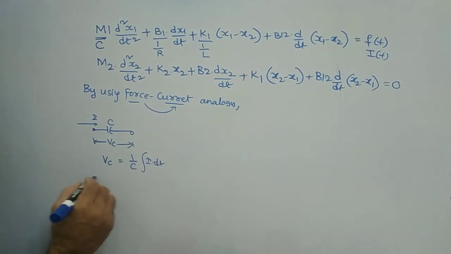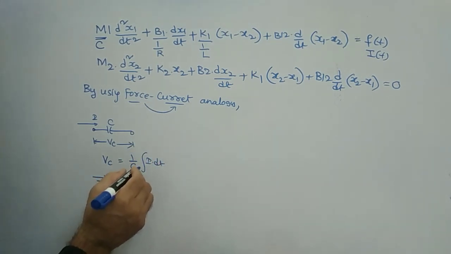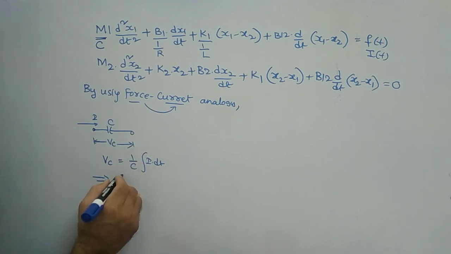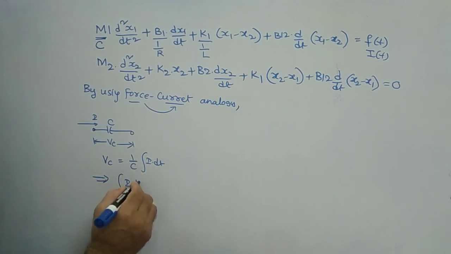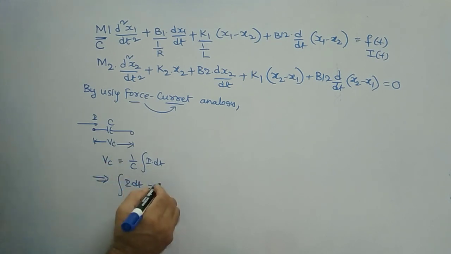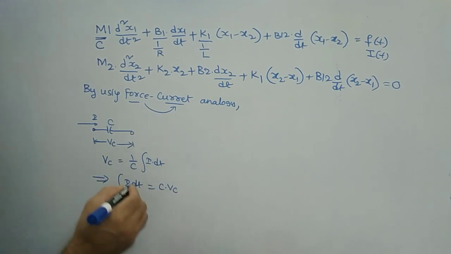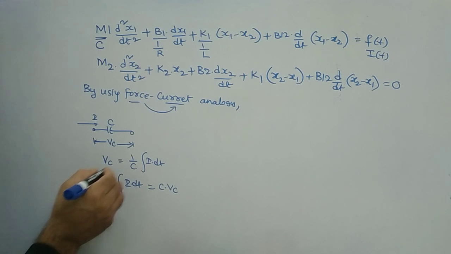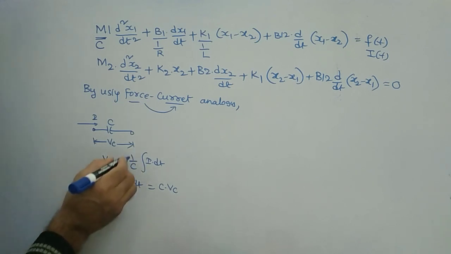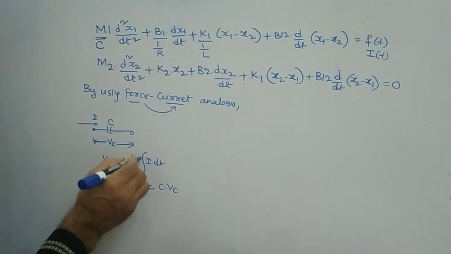This implies integral of I dt is equal to C into Vc, by cross multiplication.